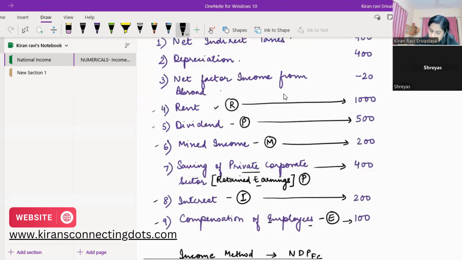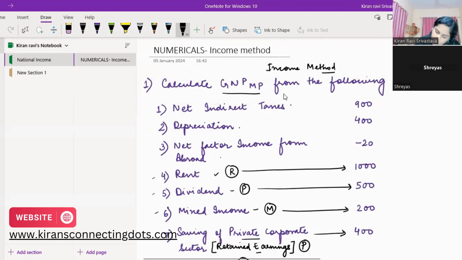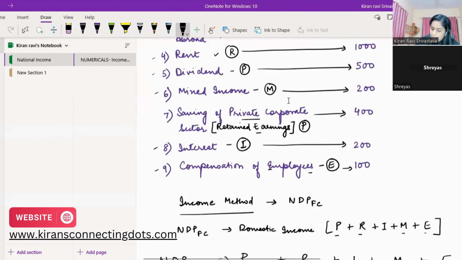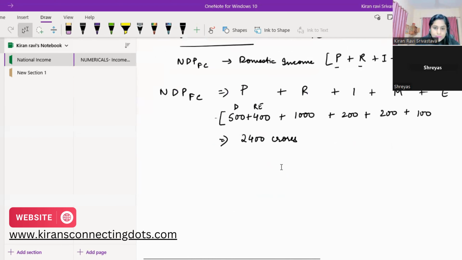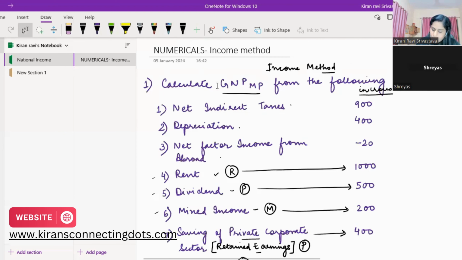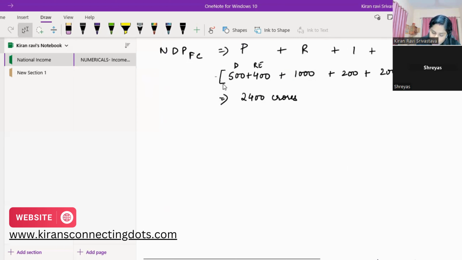crores. Okay. The data is in crores. Easy. Yes, ma'am. So now what I have to find out? Question में क्या पूछा है हमसे? GNP. The question has asked me to find out GNP.